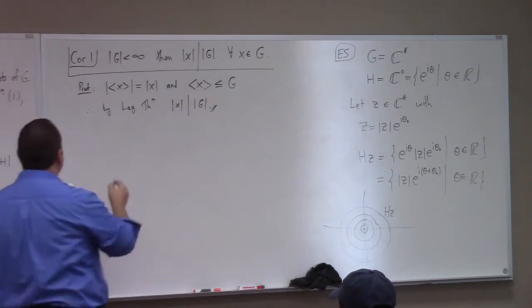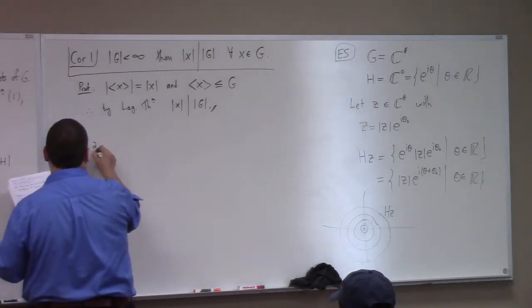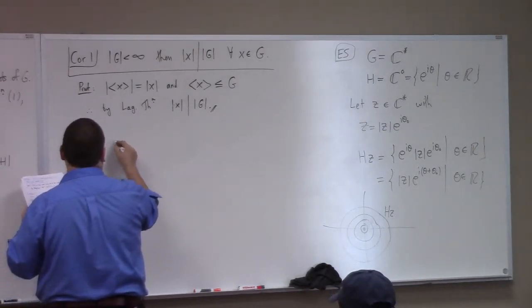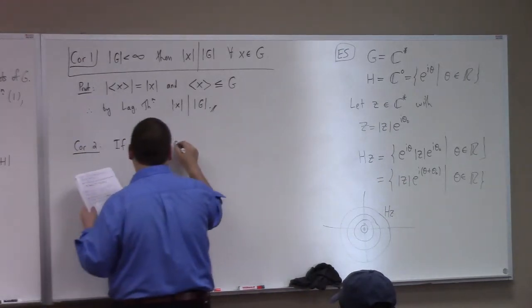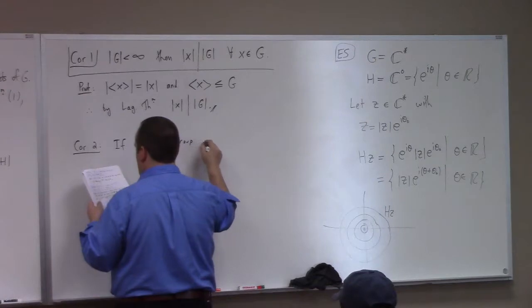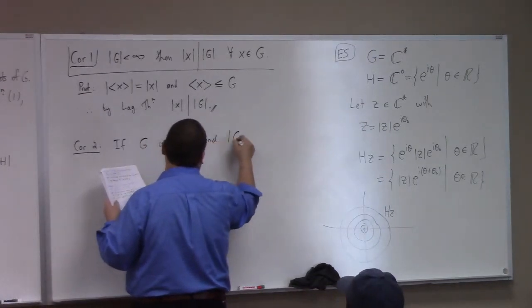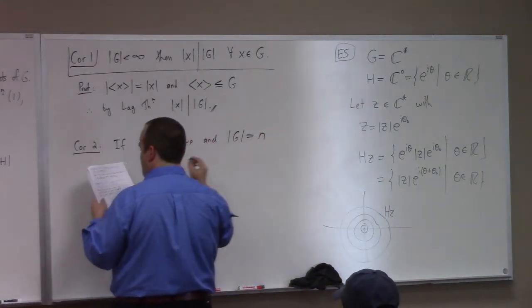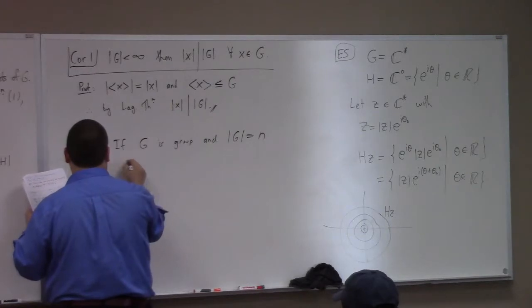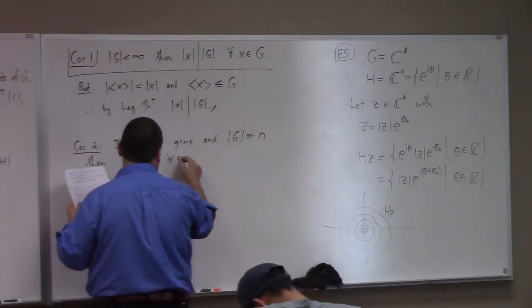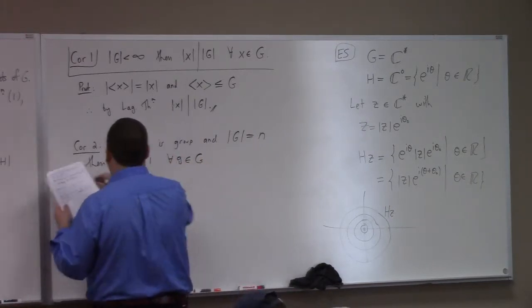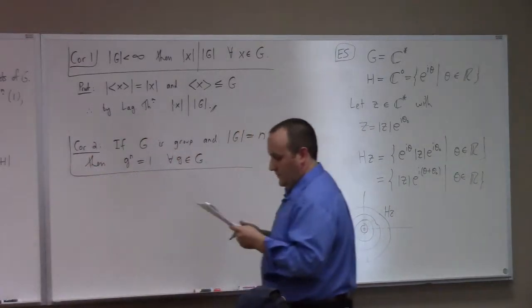Corollary 2. If G is a group and the order of G is n, then g to the n equals 1 for all g in G. What's the proof?